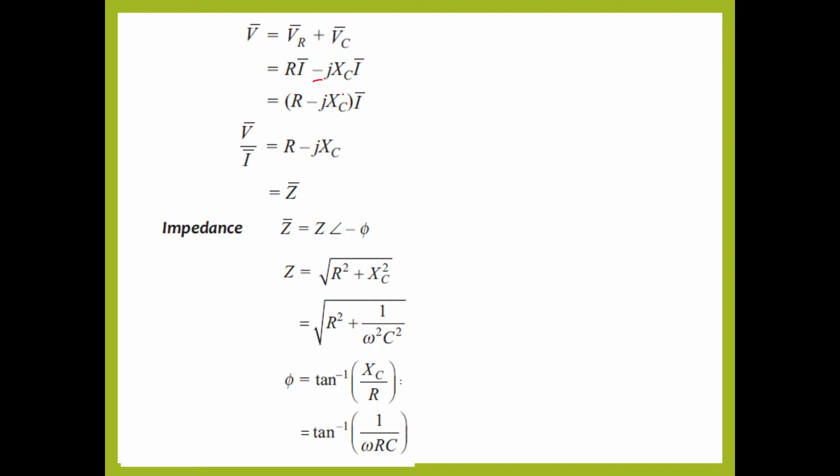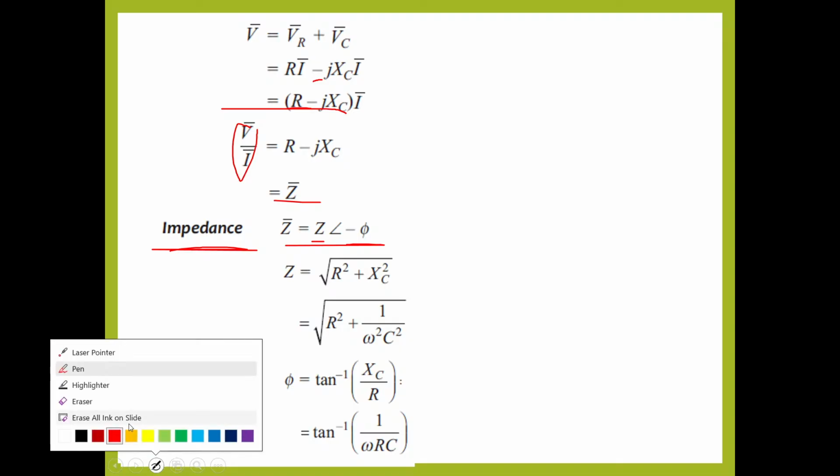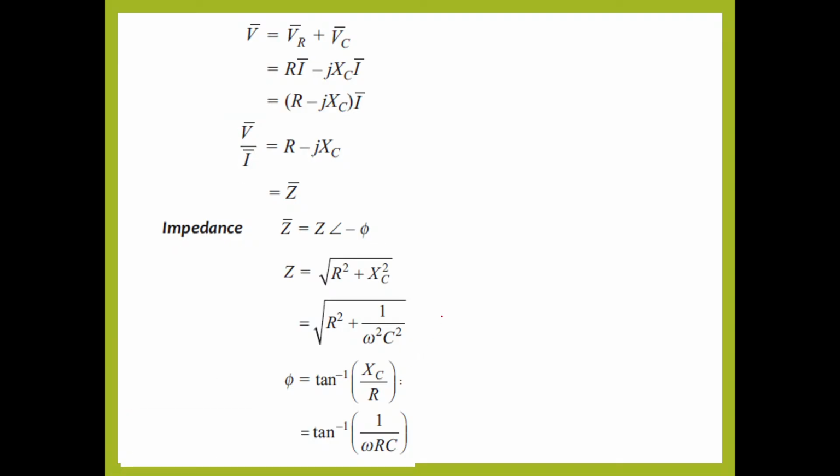So minus j XC I. So R minus j XC into I, and V by I is nothing but impedance. So the impedance vector has magnitude and phase angle. Why did we consider minus? Because usually capacitive reactance will be less than inductive reactance in a given circuit. Of course, here we didn't consider any inductor, only an RC circuit, but usually that's the case. That's why we write minus here.